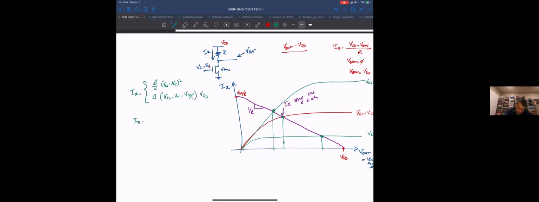And I_X for R is (VDD minus V out) over R. So I would have to solve two simultaneous equations.